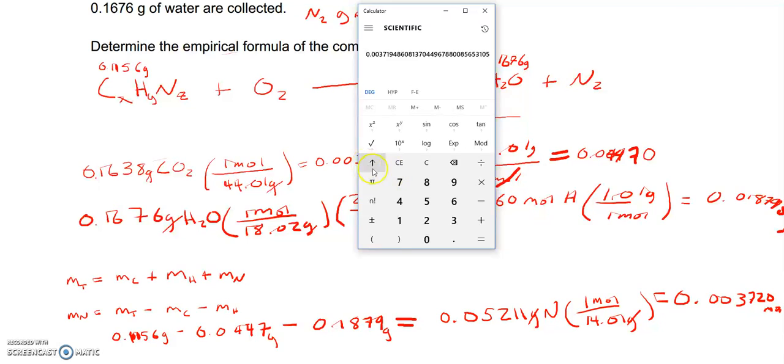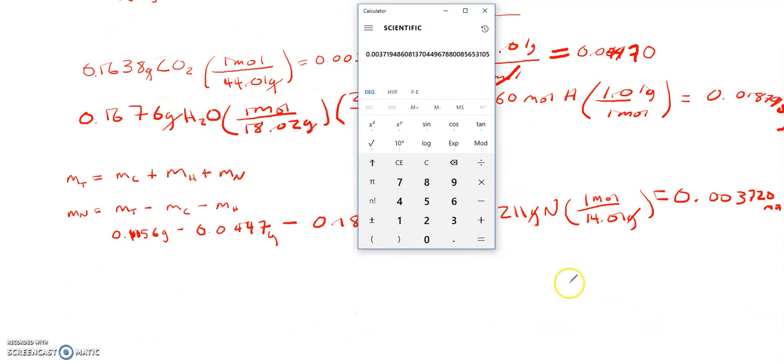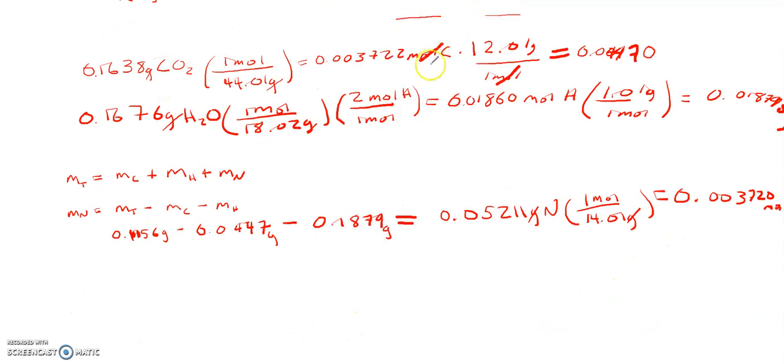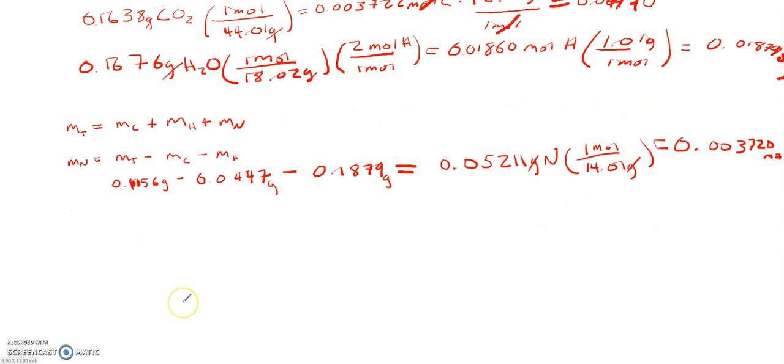Alright, so let's make a list of each of the moles that we have. That was moles of carbon, this is moles of hydrogen, this is moles of nitrogen.